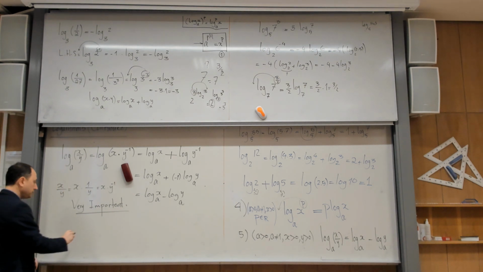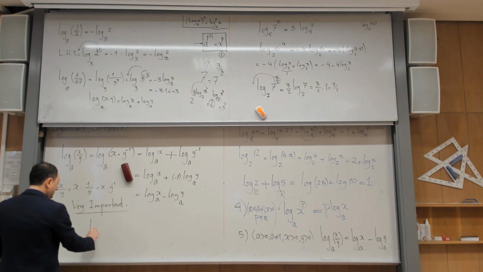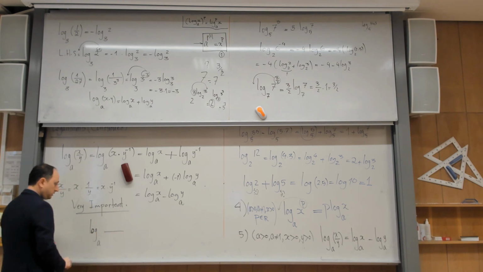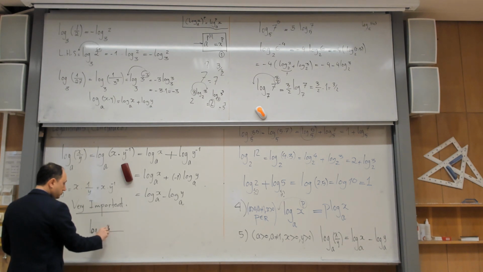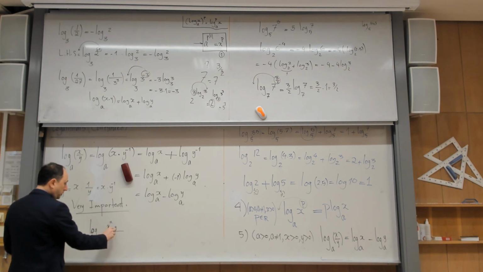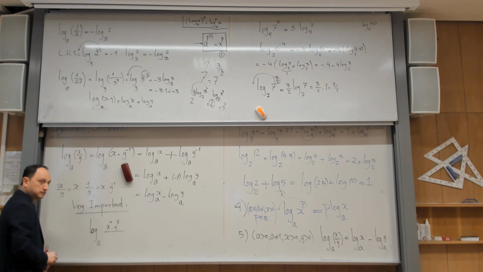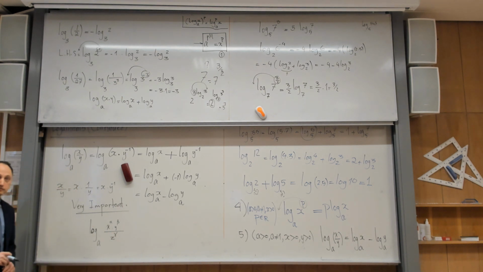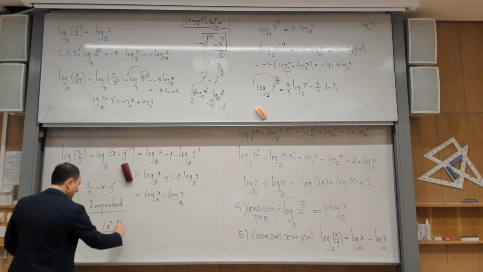So for example, I have the log here, so let me use Greek letters not to get confused. Here I put base A, and then I write x to the power alpha, multiplied by y to the power beta, and then I divide it by z to the power gamma. Okay, I have this combination.